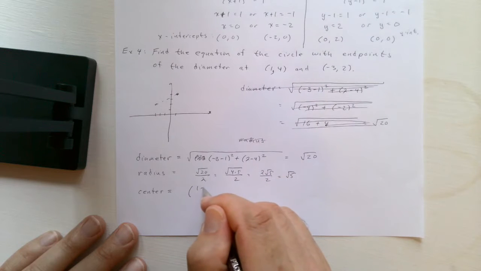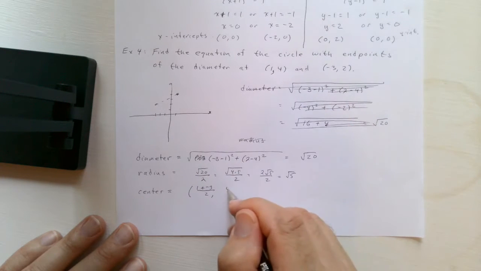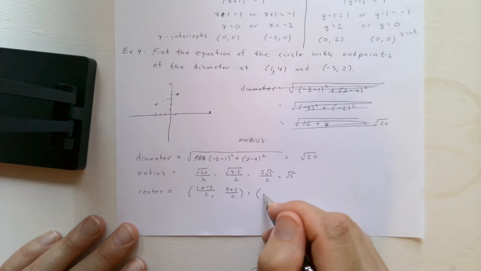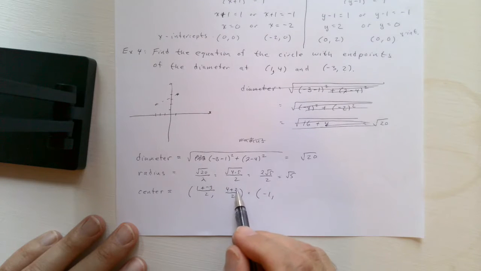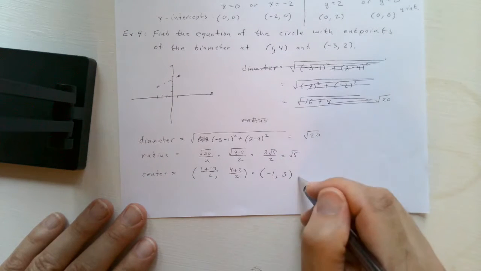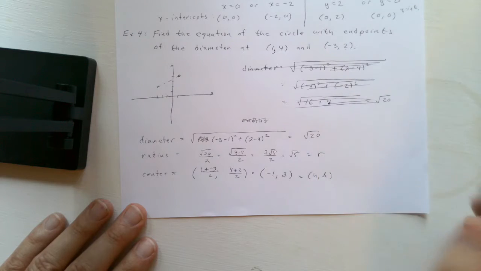It's 1 plus negative 3 over 2, and then 4 plus 2 over 2. So this will be negative 2 over 2, that's negative 1, and this is 6 over 2, that's 3. So that's our center. Okay, this is going to be our H and K. This will be our R.